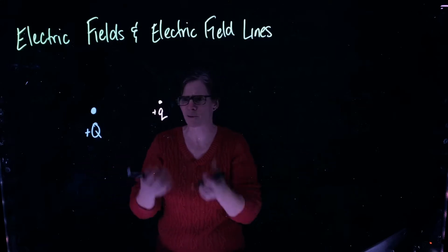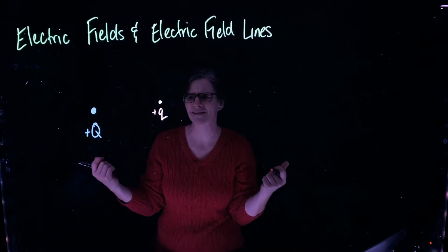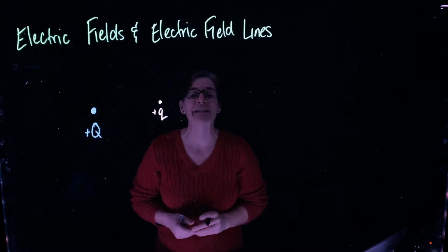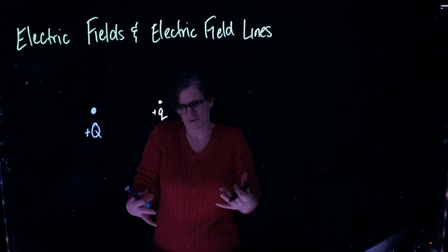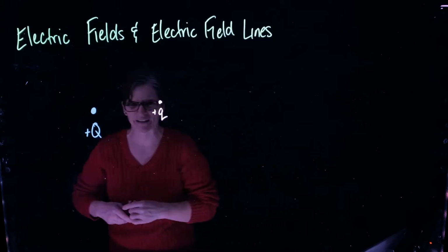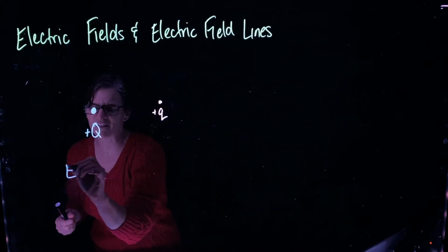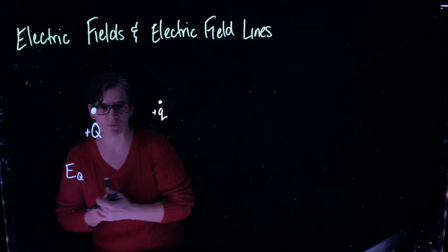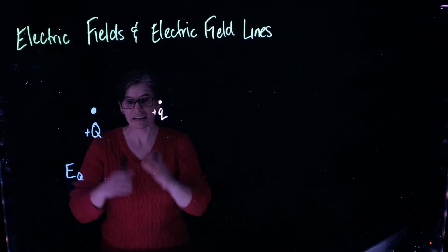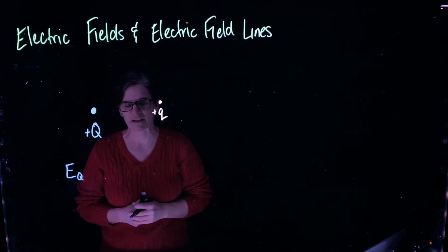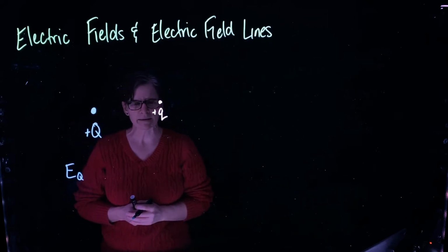It's going to feel a repulsive force. In this case, they're both positive, and little q is going to be influenced by that force. This influence we call an electric field. So the electric field of Q. So that is what we're going to call that influence that capital Q exerts in that space.